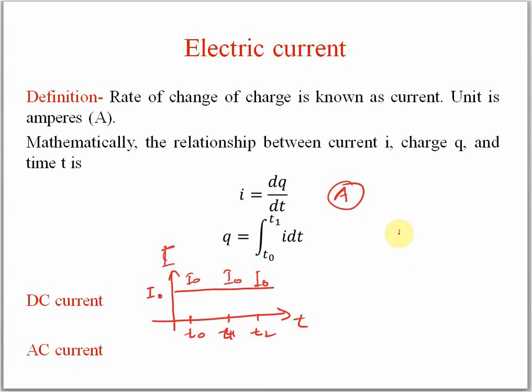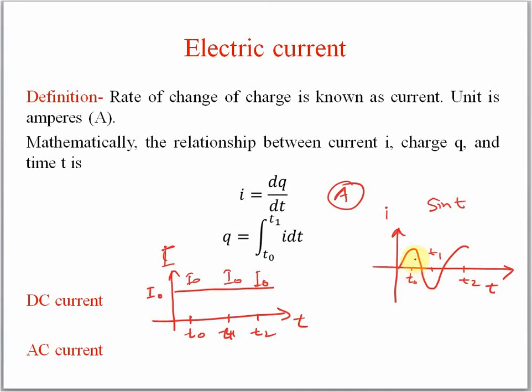What is AC current? AC current is that type of current that changes with respect to time. For example, sinusoidal current. Suppose this is the current I and this is time t. Suppose this time is t naught, this time is t1, and this time is t2.